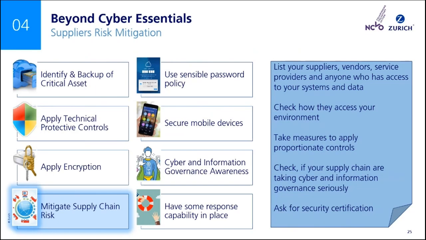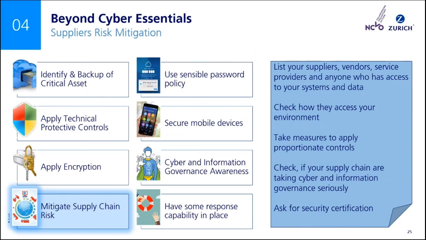Then make sure you have the appropriate controls to ensure that they are securely connecting to your environment. If a supplier only comes in once a year, disable their account. Just enable the account when it's required. By that, you are ensuring that throughout the year, when the supplier is not using the account, their account cannot be used to come into your environment.